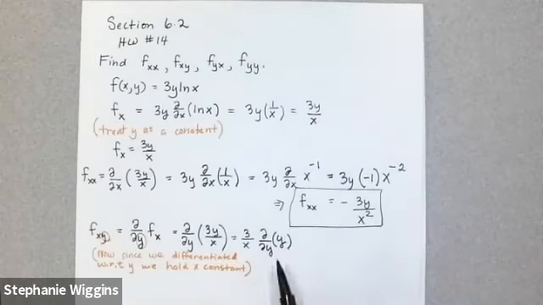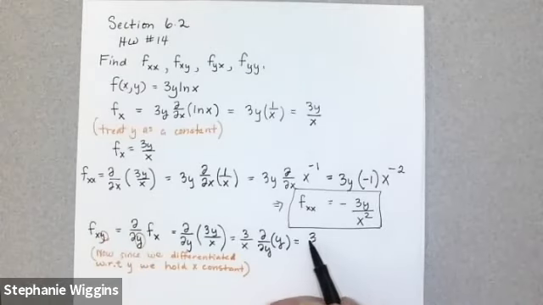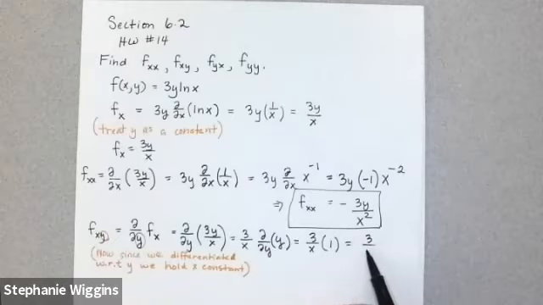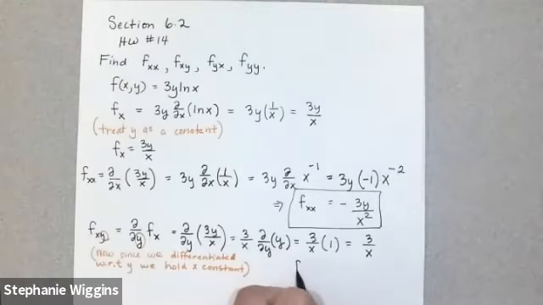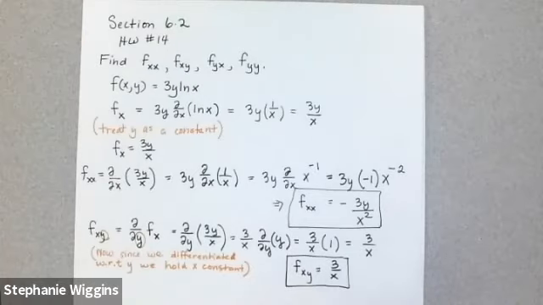The derivative of y is just 1. So this is going to be 3 over x times 1, which is just 3 over x. So we have that fxy is 3 over x. There's the second order partial derivative that we're looking for.